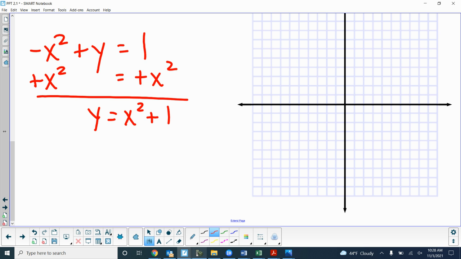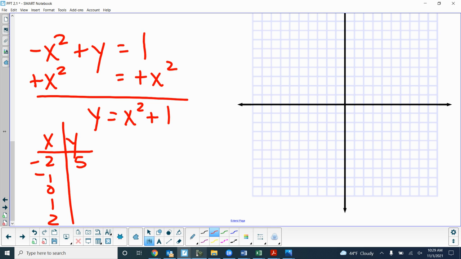Okay? Then you can put it in your calculator if you want. Or, again, if your calculator's not working, you can just do this. What's negative 2 squared? 4 plus 1.